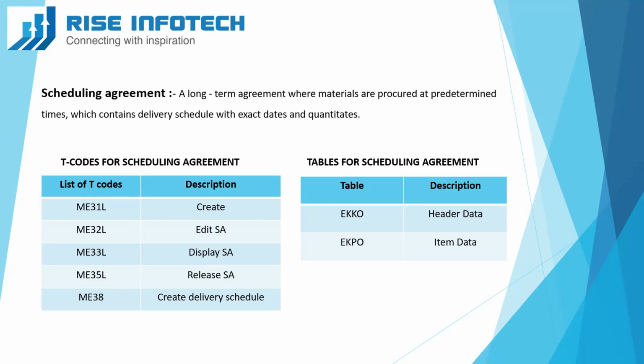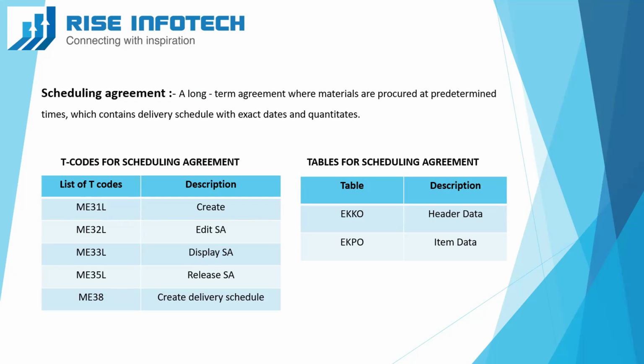We have a predefined contract between them, and accordingly they will send the goods to the company. This is called a scheduling agreement, scheduling the goods and services at a particular time.